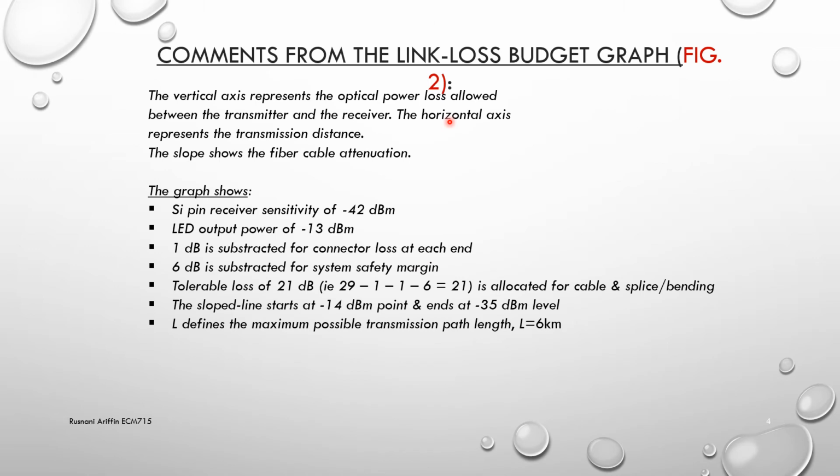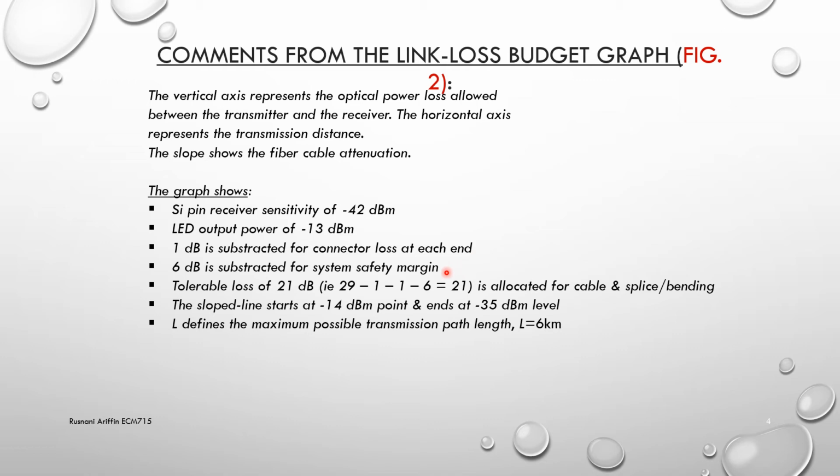Okay, so these are the comments from the link loss budget calculation. Previously we have seen that our receiver sensitivity is negative 42 dBm. Our power transmit, which is the LED, is negative 13 dBm. We have 1 dB loss at the transmitter and at the receiver due to the connector loss.